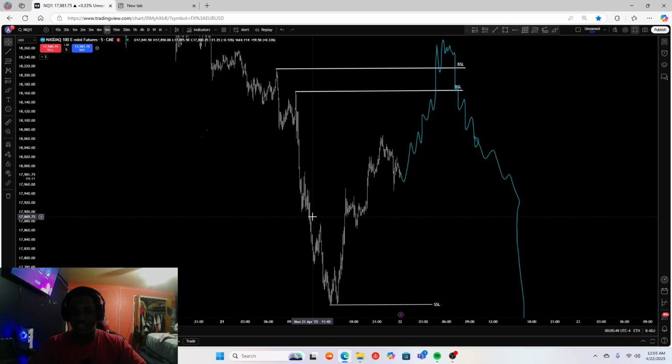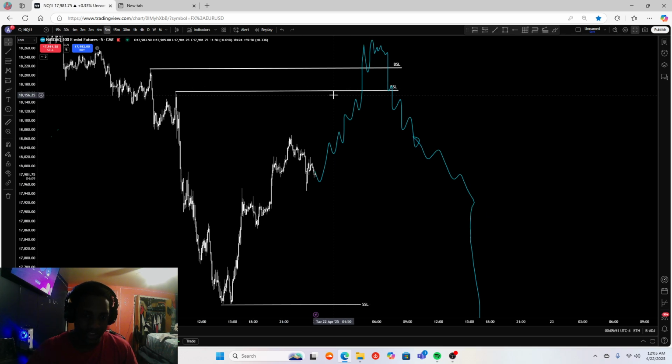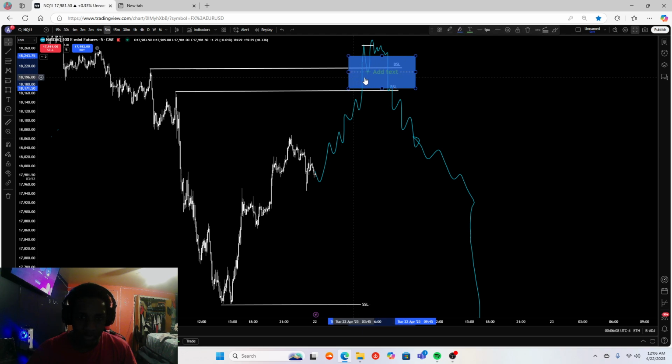But the point is you usually run these highs, manipulate these highs, maybe take out an internal high, so that is going to be this high here. And then boom, you flush out and go lower. Boom, you left a fair value gap here. This can be your entry. You look at the inverse fair value gap too.